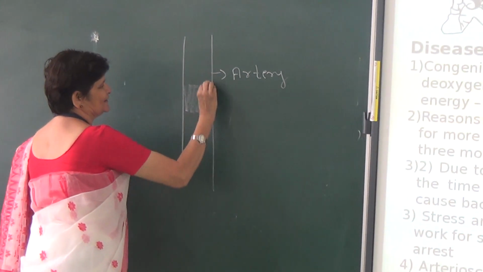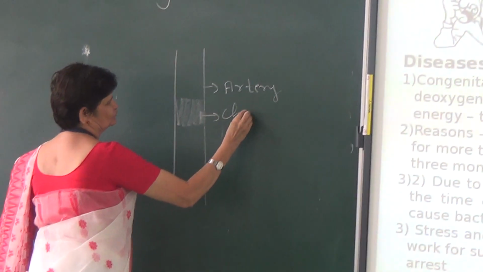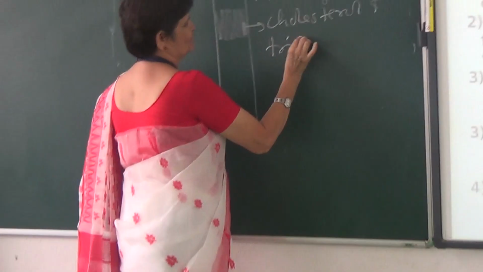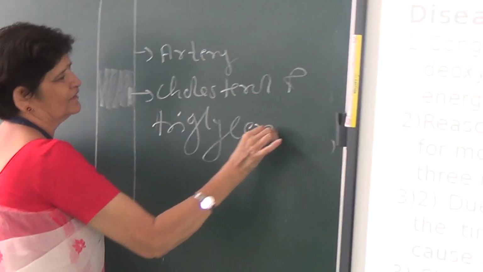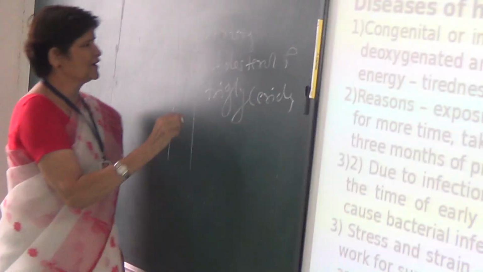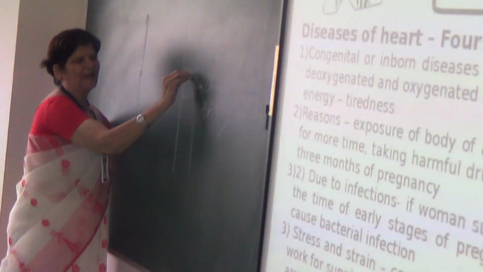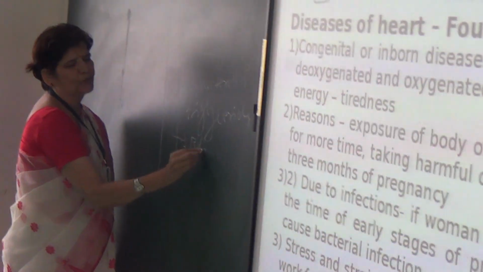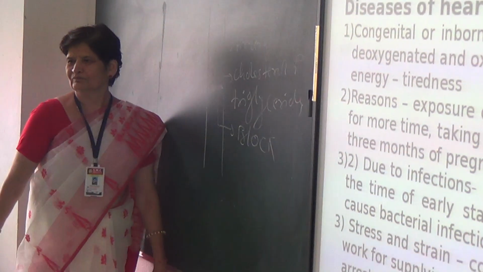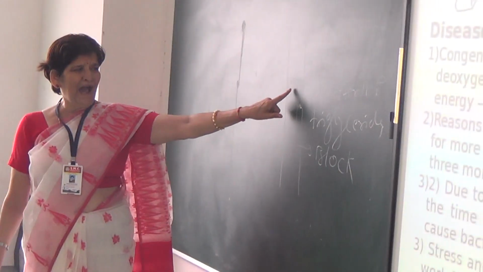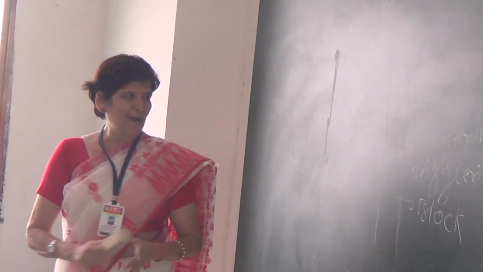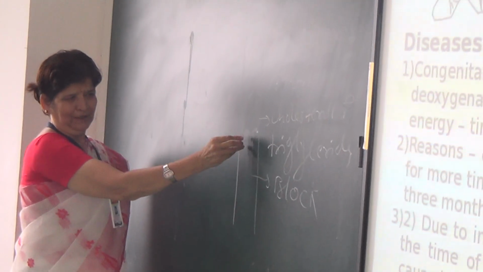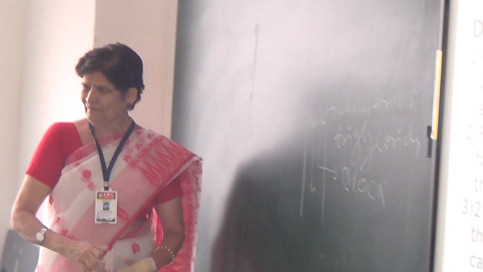Cholesterol and triglycerides are deposited on the inner walls of the arteries, and here there is formation of a block. So the artery is blocked. Up to this, blood can flow. Due to this, blood cannot flow in this direction.